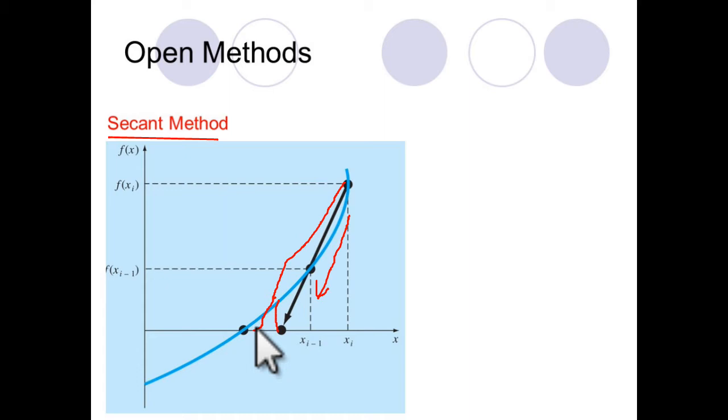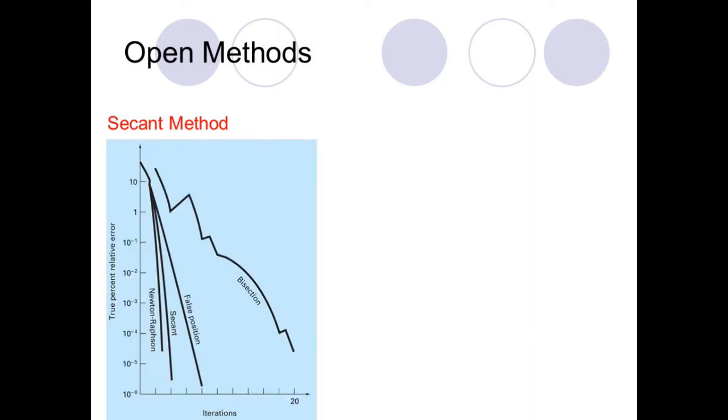You see, it needs more iterations compared to Newton-Raphson. It follows more or less an identical path in terms of error, but of course it needs more iterations for the same error.